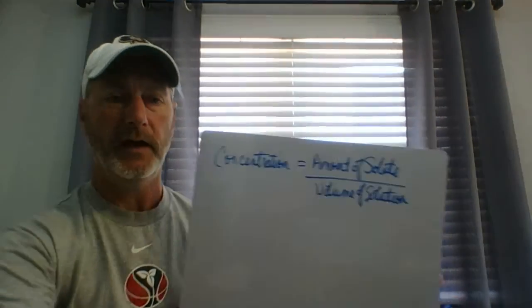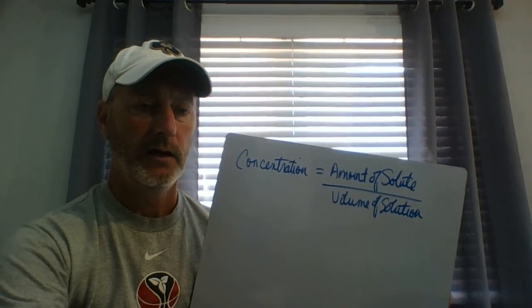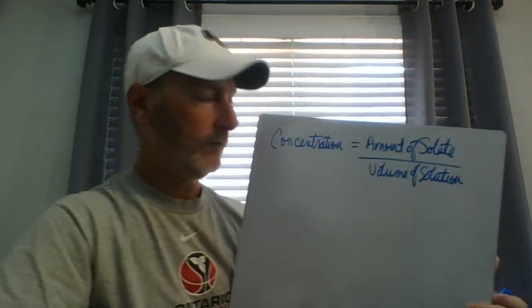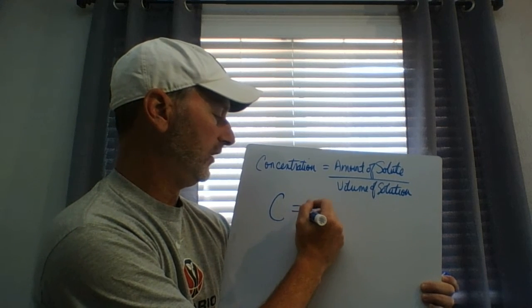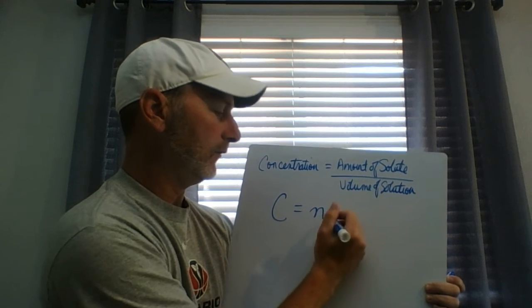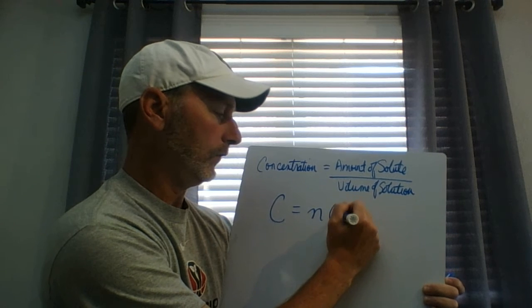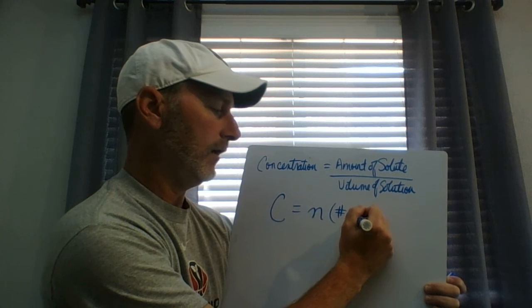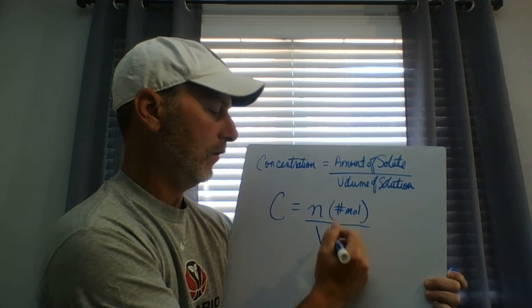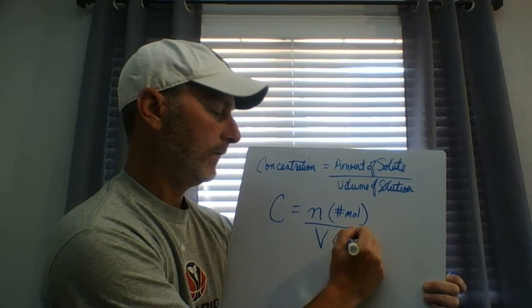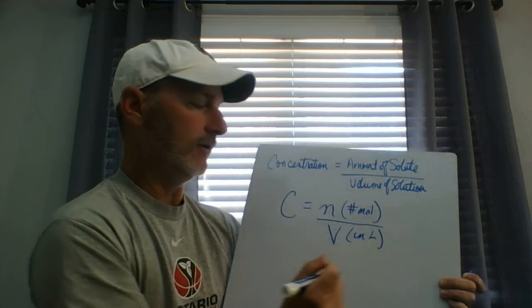So what we're going to do with that is be a little more specific. Remember when we talk about amount, we're going to talk about concentration equals, remember amount of solute is number of moles, over V, which is volume, and it's in liters.